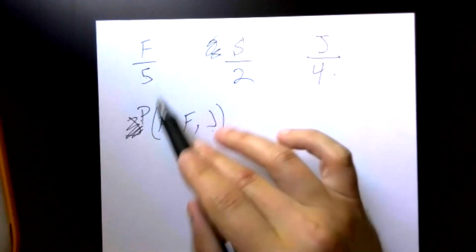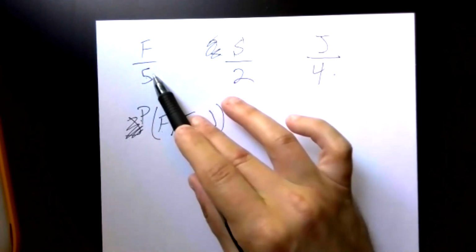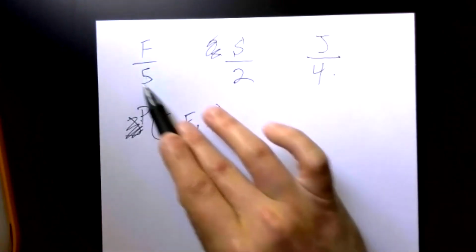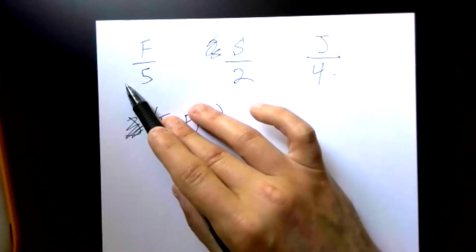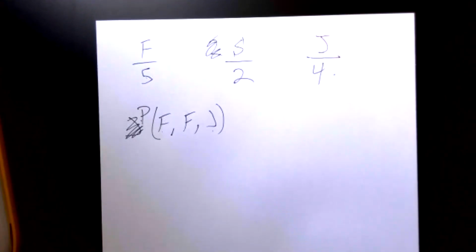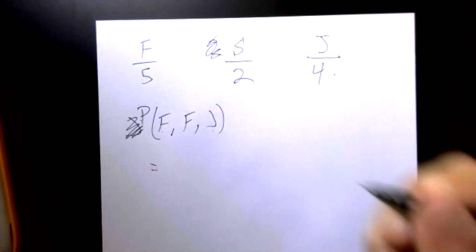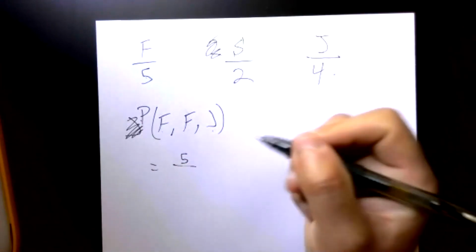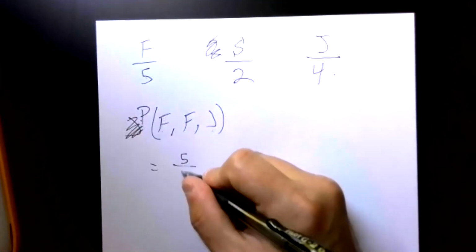Well, if I choose one freshman, that freshman goes off to the side and the total number of freshmen decreases. So that is dependent. So the probability of a freshman is 5 out of the total, which is 11.